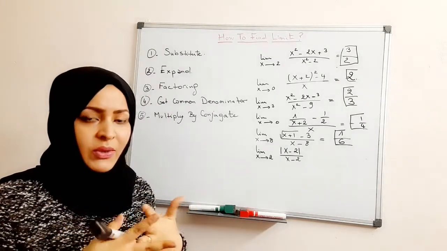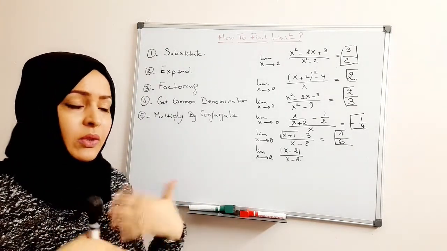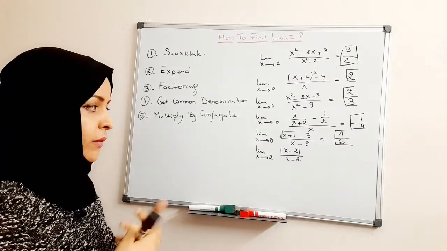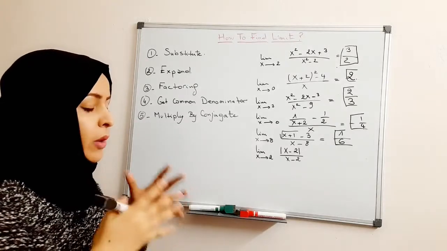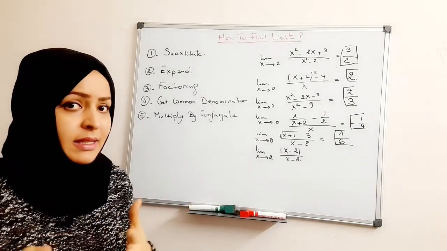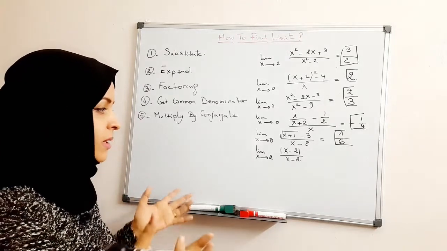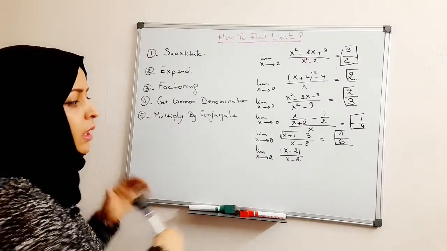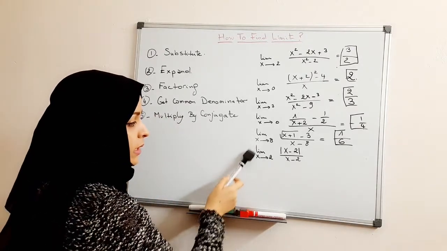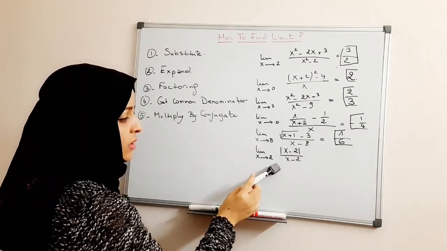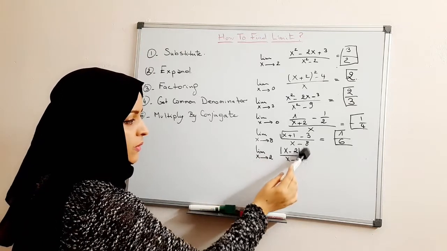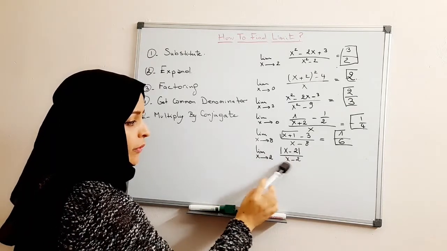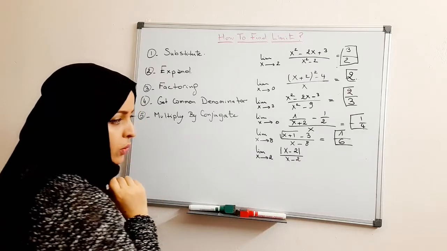So as I told you in the beginning, if we want to find the limit at a point where the function is discontinuous, we cannot just simply substitute. And here we have an example. Here we want to find the limit when x approaches 2 of the absolute value of x minus 2 over x minus 2.